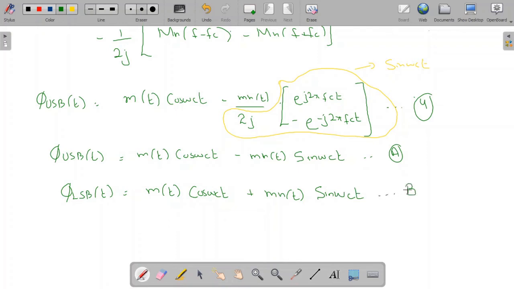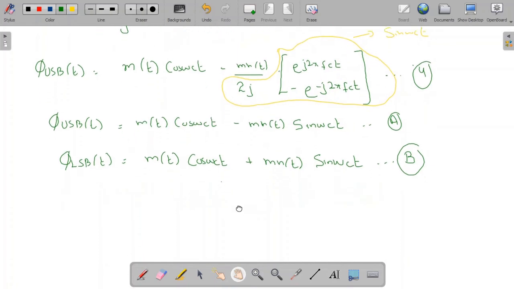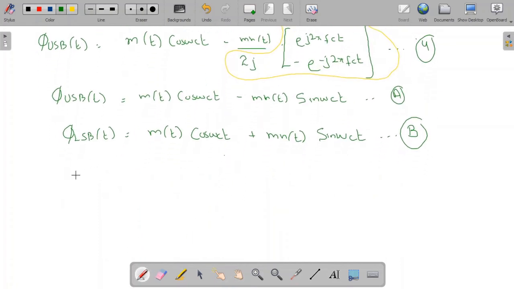Let me name it as equation B. So a general single sideband signal can be represented as m of t cosine omega ct minus plus m h of t sine omega ct. Let me name it as equation C.